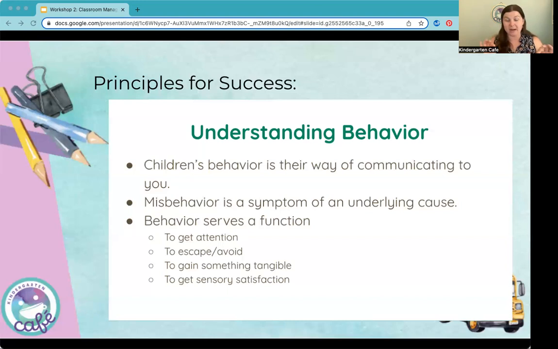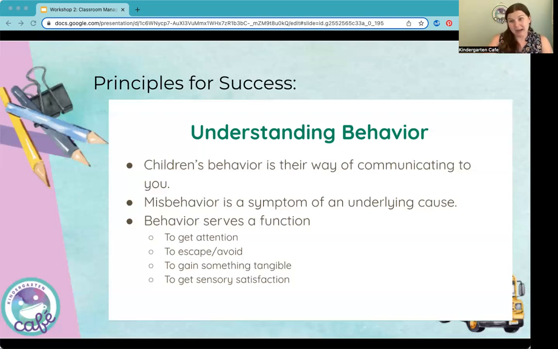And I do see that a lot in kindergarten, because it's such a push down from first grade into kindergarten of the academic pressures and asking kids to do more than they're able to. We see an increase in behaviors because they're trying to avoid doing the work that they're not able to do yet. Maybe they're trying to get something like attention from you.